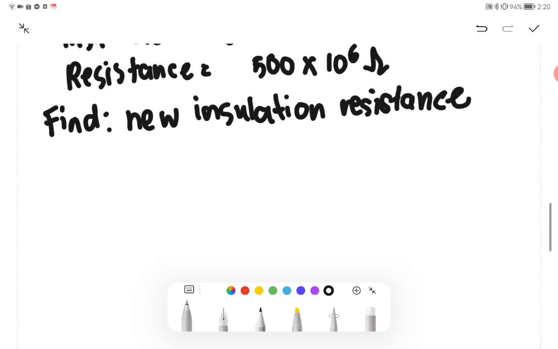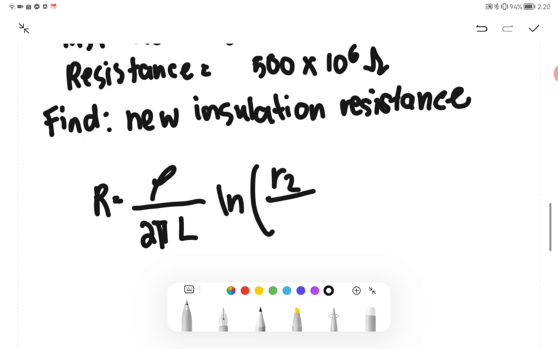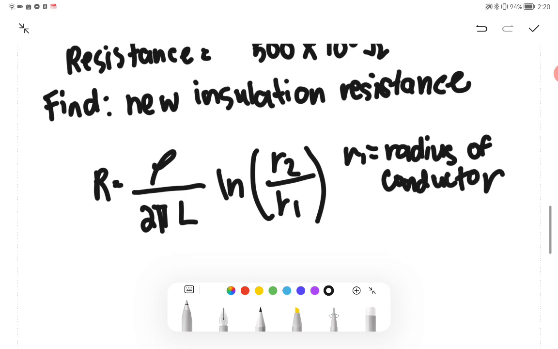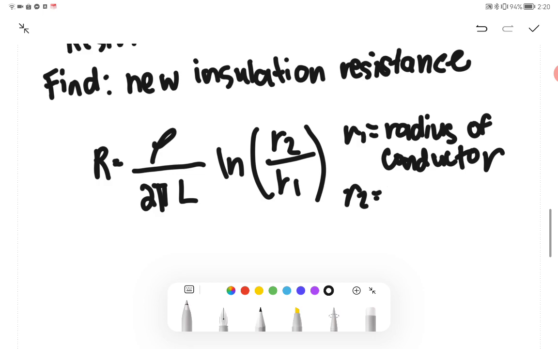We have R equals rho over 2 pi L times ln R2 over R1, wherein R1 is the radius of the conductor, and R2 is the radius of the insulator.